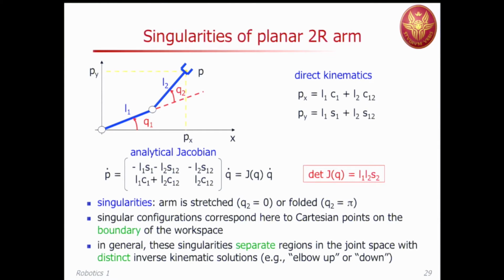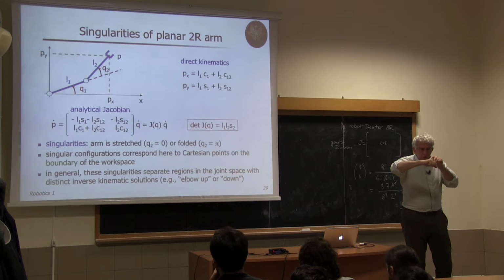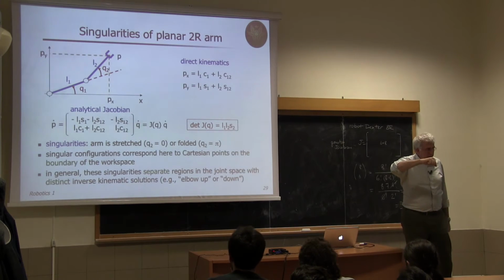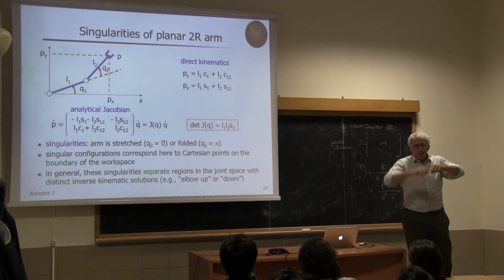Now, this last sentence is very important, but should be taken with some caution. When I say that I have an inverse kinematic solution associated to this point, and you can see it's my right arm solution, and I would like to go back to this Cartesian point but reach the other inverse kinematic solution, imagine how I can move from here to there, moving the end effector.